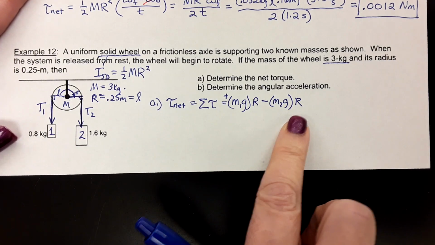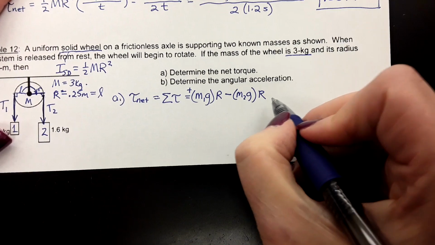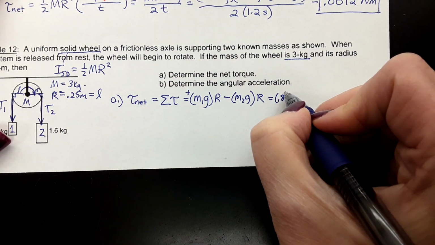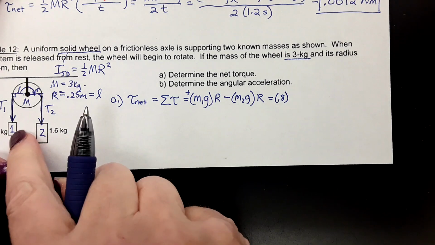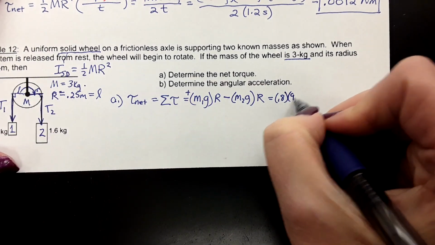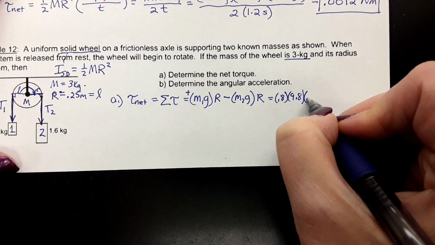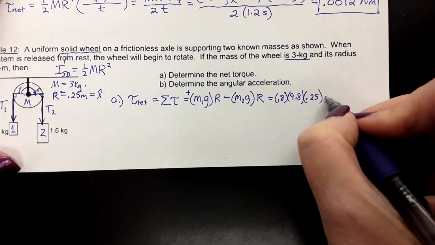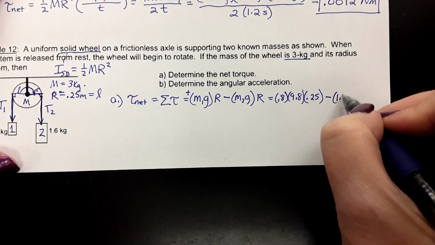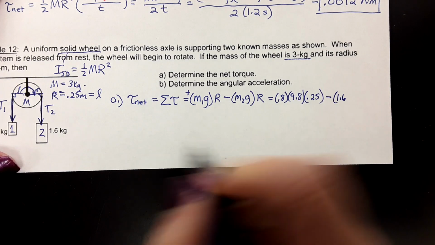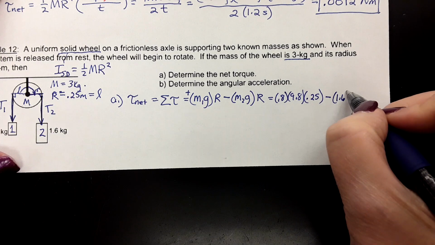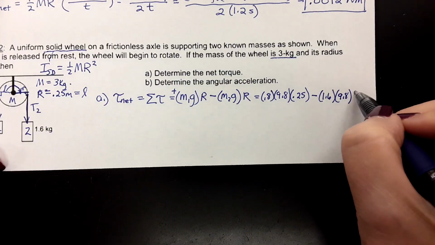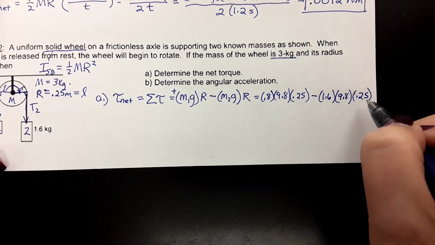We've got to combine those to get the net torque. So we get 0.8 kilograms for mass 1 times 9.8 times 0.25, which is the lever arm, minus 1.6 for the other mass, times 9.8 times the same lever arm value.